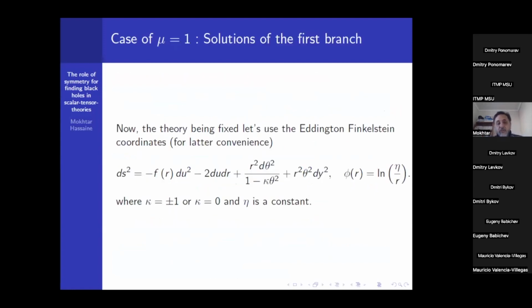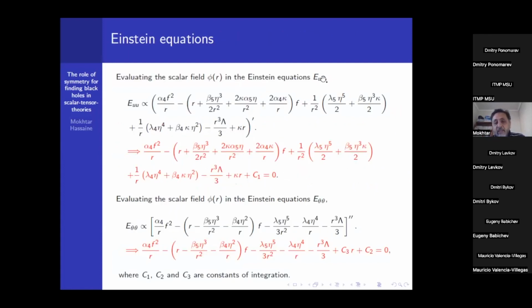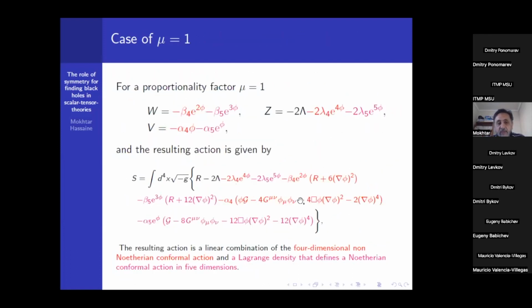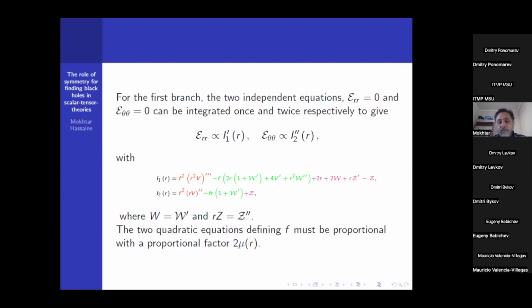Now, because I chose the Eddington-Finkelstein coordinates, the remaining equations are E_UU and E theta theta. So when I plug it into E_UU, you remember that it was a first derivative. When you integrate this, I have a constant of integration, C1. Epsilon theta theta was a second-order derivative.